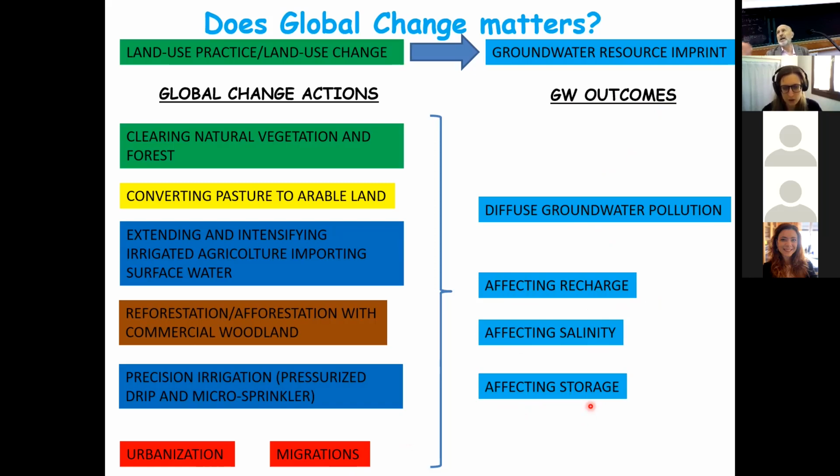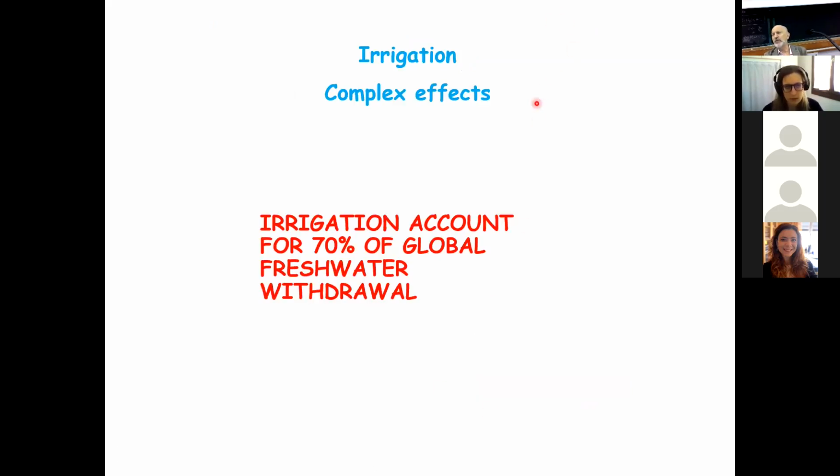And the effects of global change could be much more intense than the effects of climate change. And often these two processes go ahead in parallel because climate change affects the global change processes. Irrigation, for example: take into account that at the global scale, irrigation accounts for about 70% of total global freshwater withdrawal.